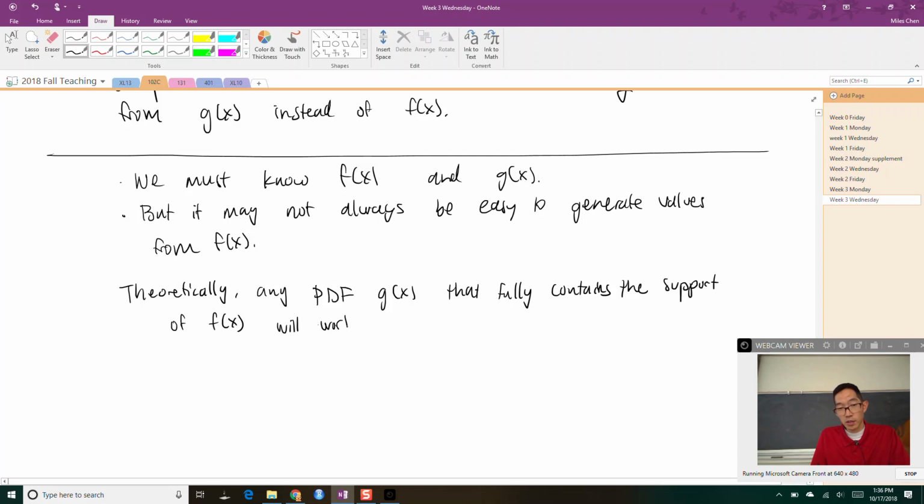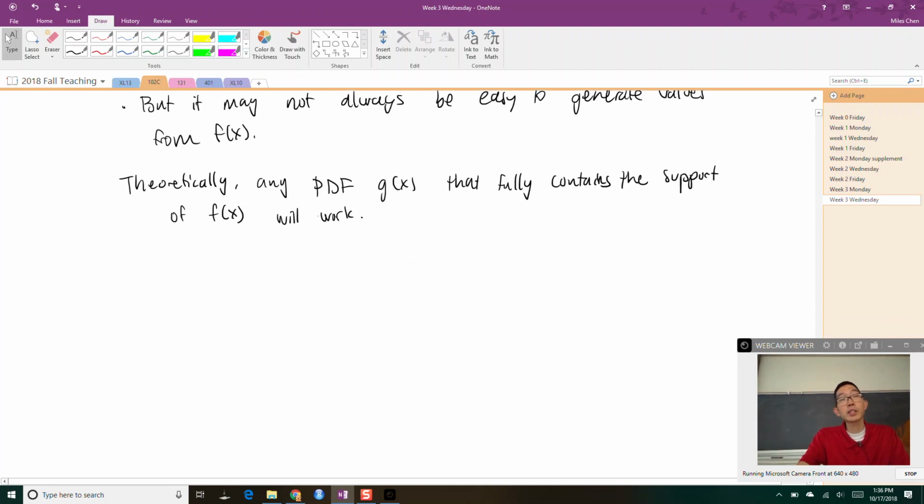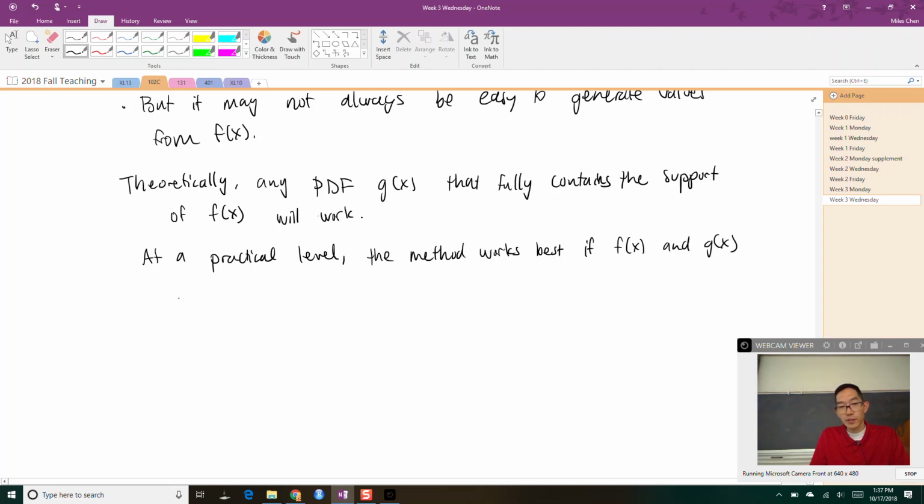But on a practical level, the method works best if f of x and g of x have similar shapes.